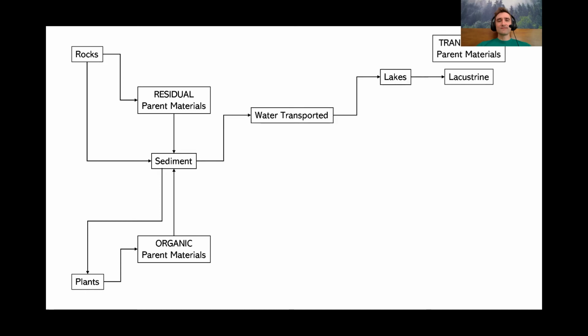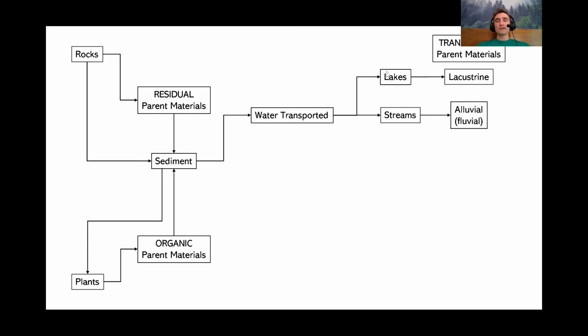Now, this sediment can be transported in various ways. One of the ways it's transported is with water. And if it's transported in water and ends up in lakes, then the sediment that forms in a lake, we call that lacustrine.